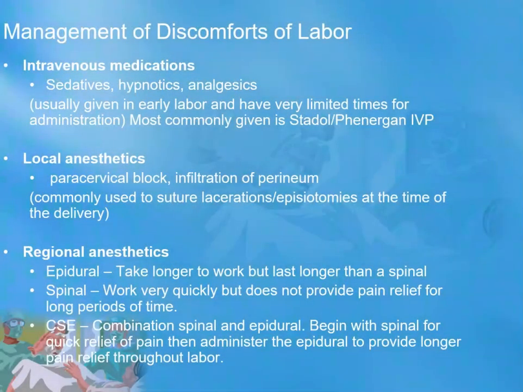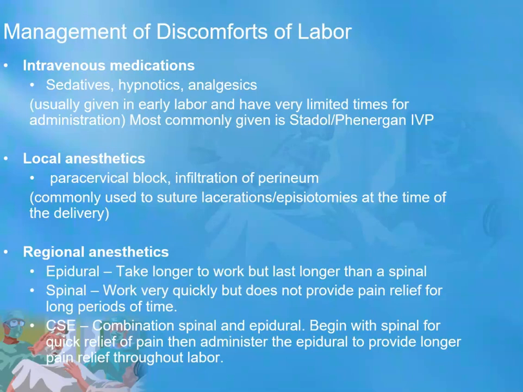On the other hand, there are some things we can do involving medications and anesthesia. So intravenous medications, sedatives, hypnotics, analgesics are used. Usually we prefer to give those earlier in labor because they have a very limited time for administration.